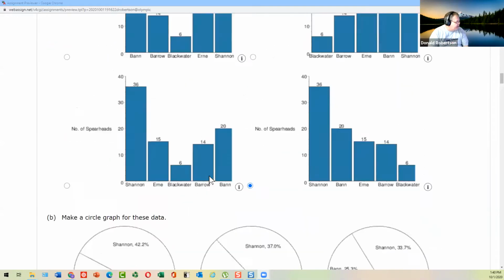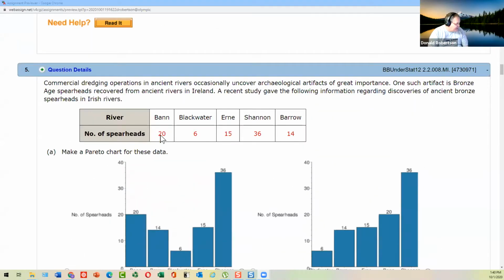So I'm going to have to count again. 20, nah. I'm going to use a calculator. 20, add 6, add 15, add 36, add 14. And I got 91, not 93. And that's why my answer was wrong.